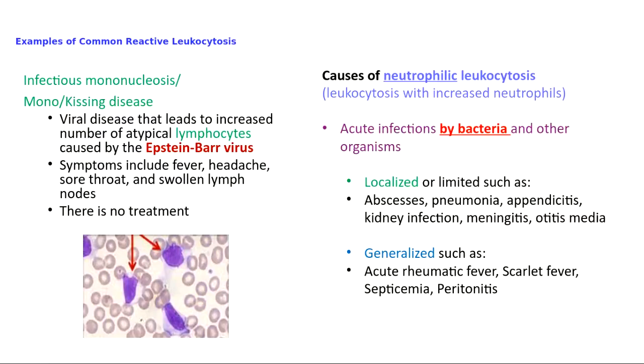So slide number 10 gives us examples of reactive leukocytosis, and in one column we have leukocytosis with an increased number of lymphocytes.